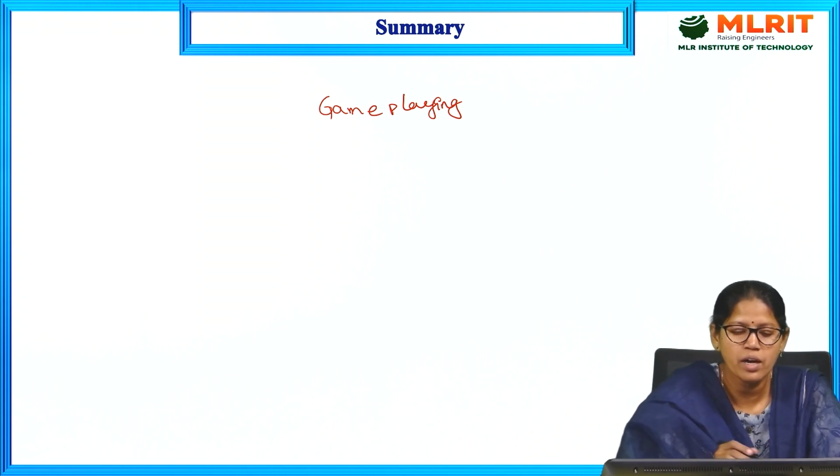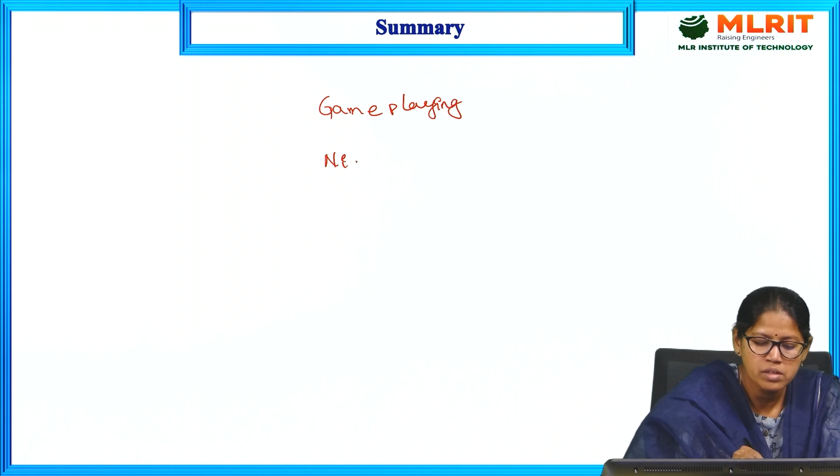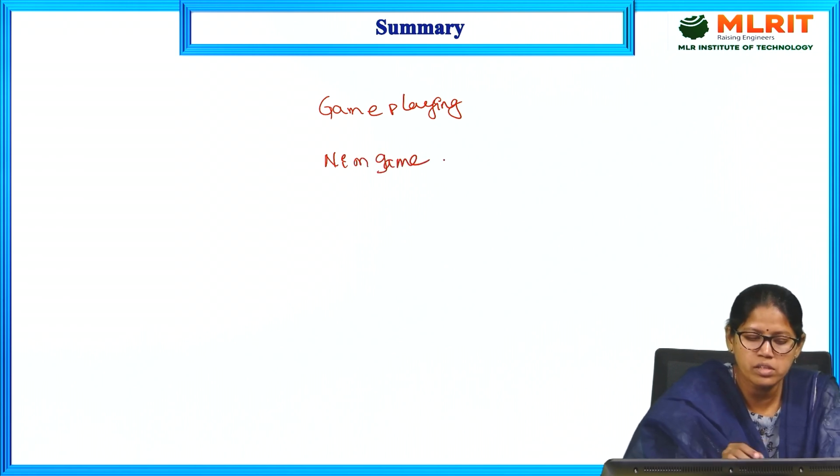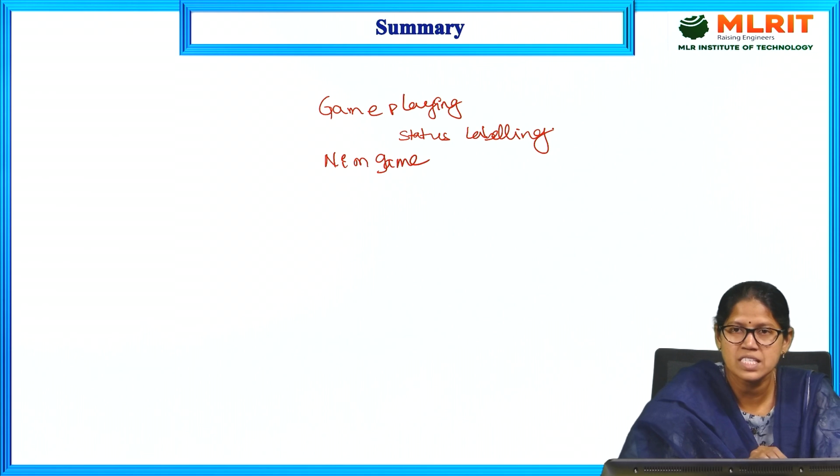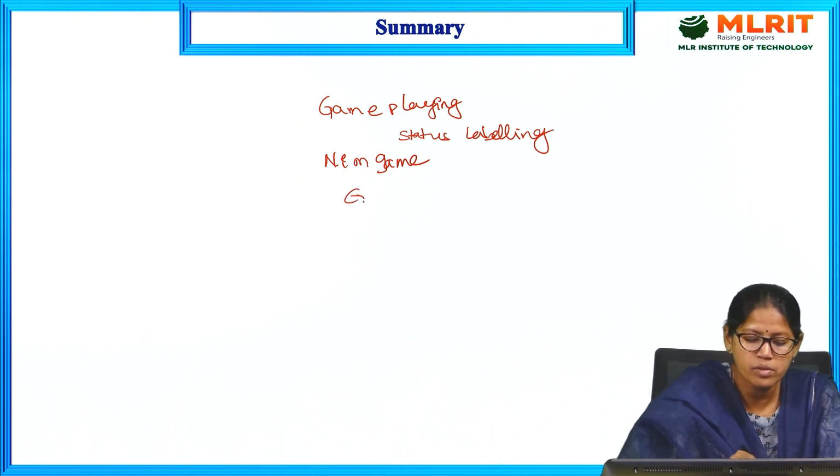And here we have seen the NIM game problem using the minimax algorithm, and we have already seen the status labeling procedure, and we have covered examples also, and we have seen the cases also.